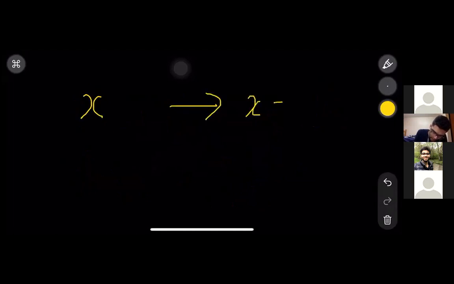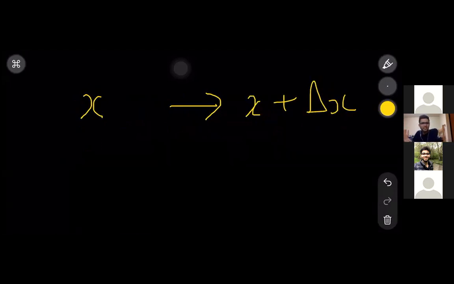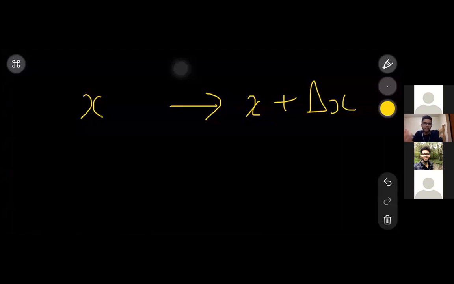Suppose our x was to change, let's say from x to x plus delta x. Let's say that our x started off at something and then it changed to x plus delta x, where this delta x is our change. Remember, we started off at x, then maybe we added something or maybe subtracted something, doesn't matter.